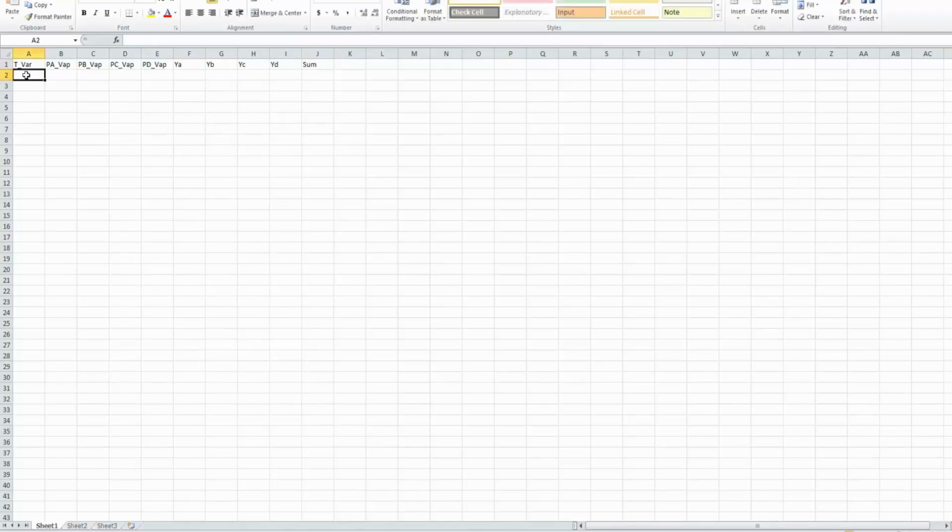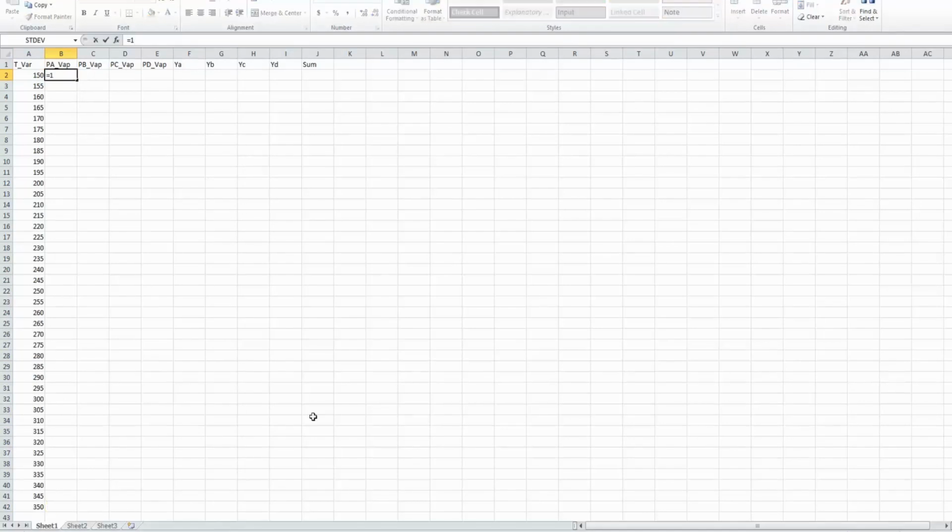Okay, so we're going to guess, say 150 to 155, and just get a bunch of numbers. Next, we will do our equation. We know it's going to equal 10 raised to negative 820 divided by our temperature plus 4.4, close parentheses, enter. We do the same thing for the rest. So we would get equal to 10 exponent, negative 1050 divided by temperature plus 4.5, close parentheses, enter.